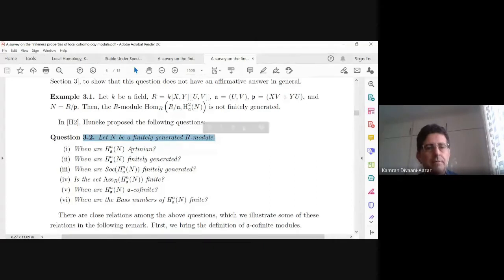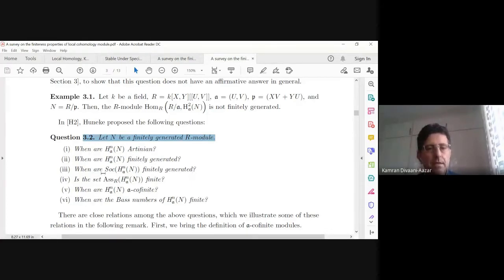The first question is the following: when are these local cohomologies Artinian? The second, when are these local cohomologies finitely generated? And the third, when are the Hom of these local cohomologies finitely generated?